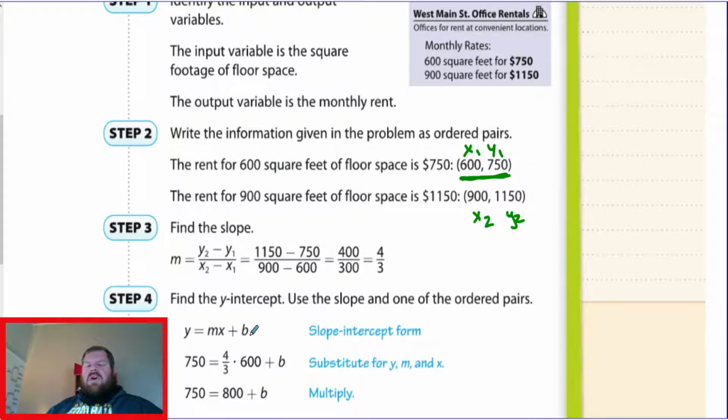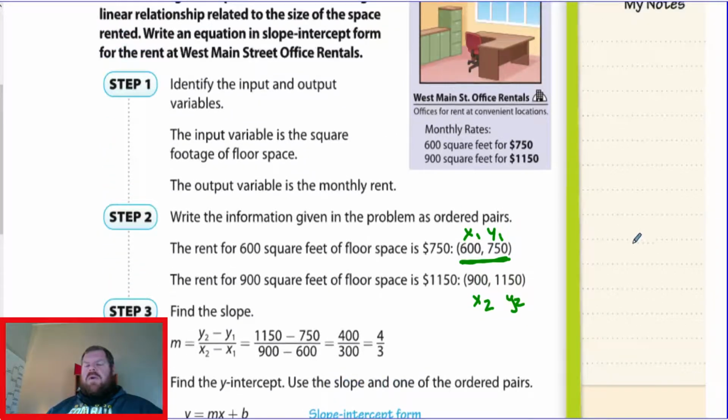We want to solve for the y-intercept, and we don't know it, but we know our 2 points. So I'm going to fill it in my notes here. I know that I'm starting with the equation y equals mx plus b. Okay. And I know my slope. I found my slope. So I have y equals 4/3 x plus b.